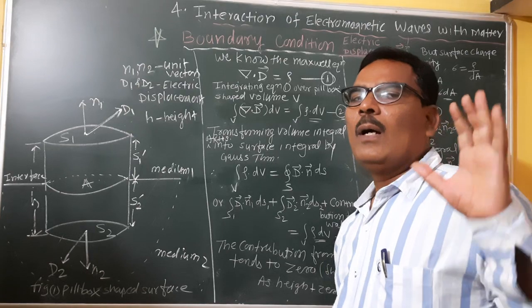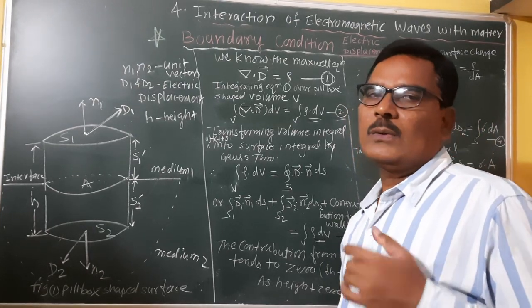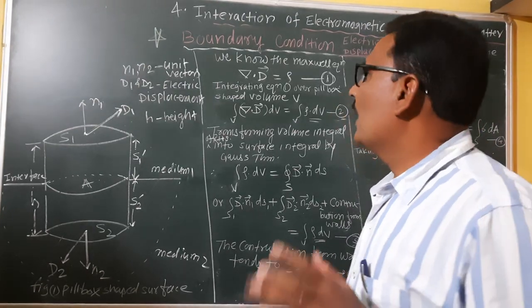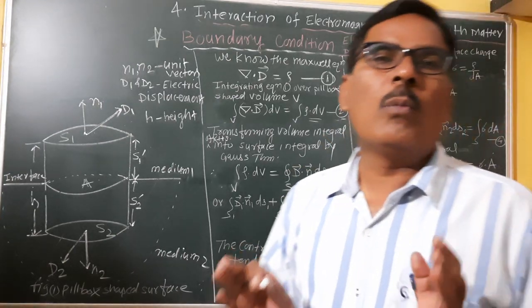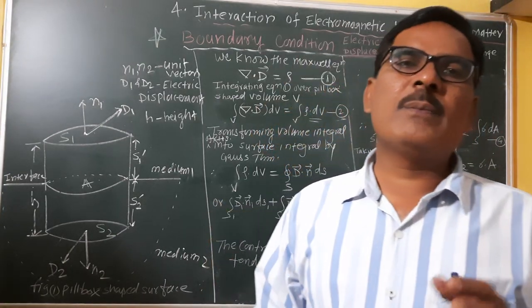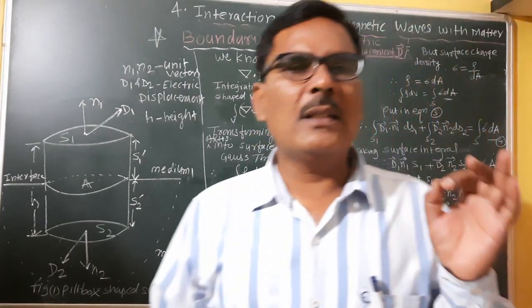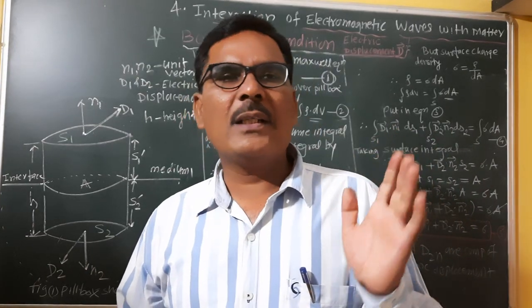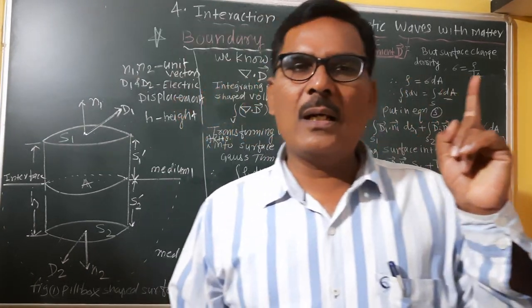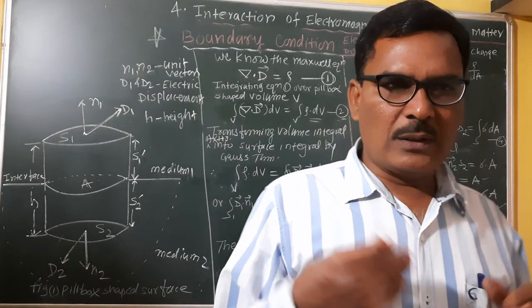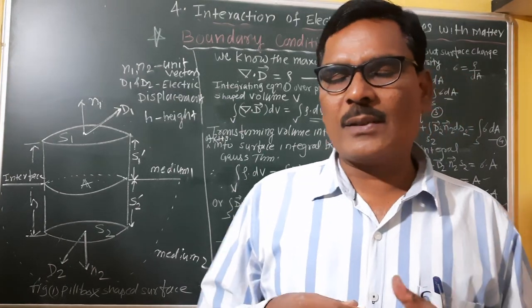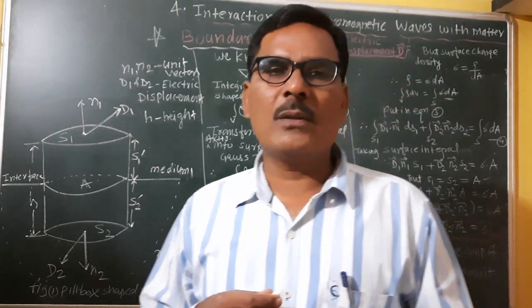Similarly, the boundary condition for B we discussed in the last lecture. Here we use the boundary condition for electric displacement. The only change is that for the boundary condition for magnetic induction, we use the second Maxwell's equation, divergence of B is equal to 0.